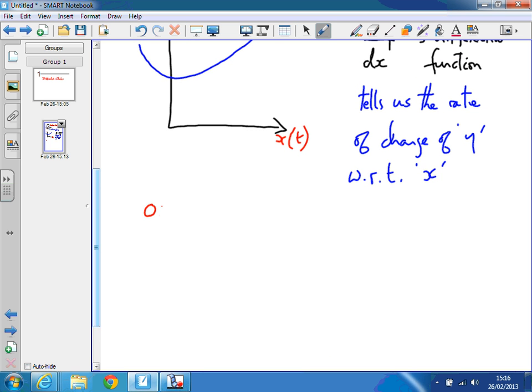Another way of representing the differential function, another notation. If I have a function, f of t, this is a shorthand way of saying some sort of function where t is the variable, t is the independent variable, the thing that's changing, time.